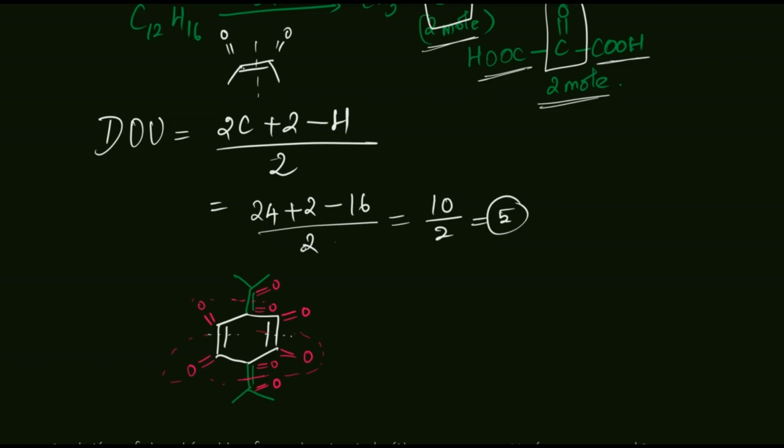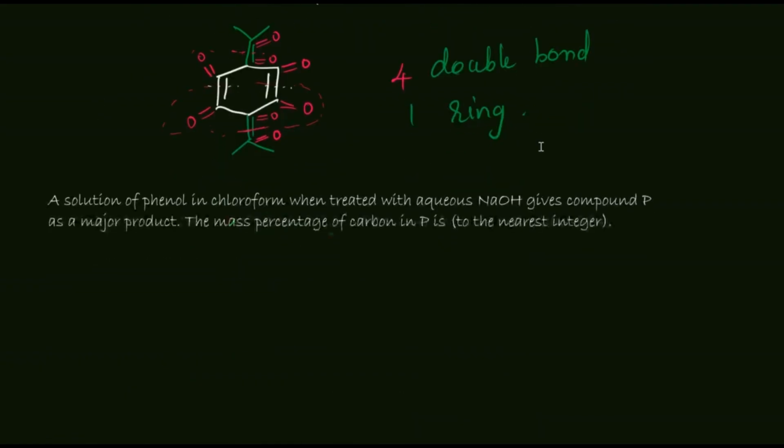So total 4 molecules. So how many double bonds are here? 4 double bonds and 1 ring. So total 5 as the degree of unsaturation. Okay. Hope you find this question challenging. Let's move on to the next question.